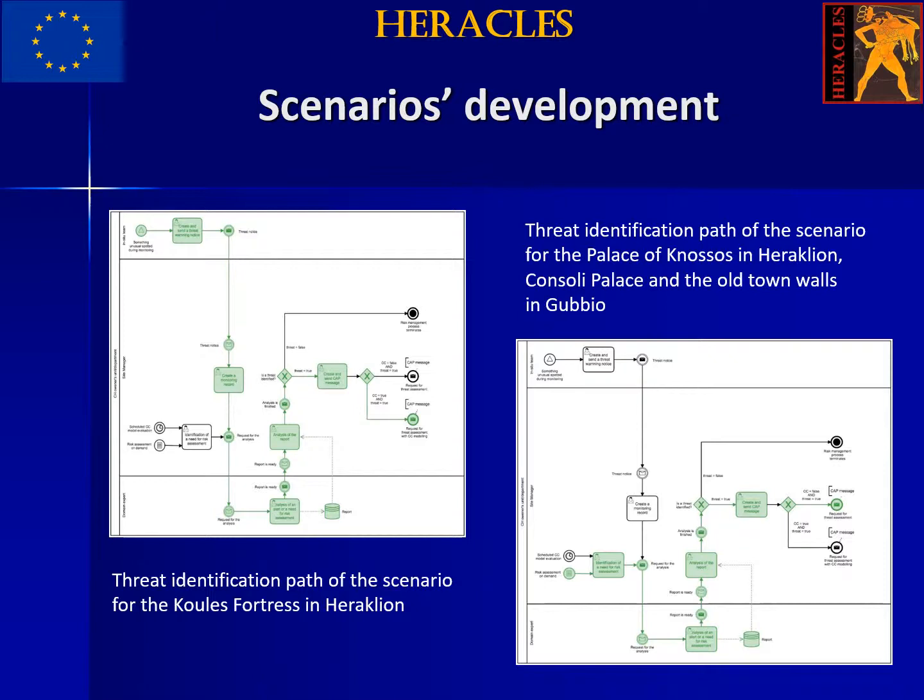On the other hand, threat identification paths for the scenarios of the Palace of Knossos and the Consoli Palace and the Old Town Walls in Gubbio start with the risk assessment on demand, go through the identification process, identify a significant threat, and then go through the path without activation of a new climate change modeling analysis.